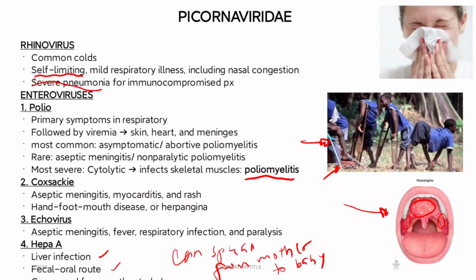So, sulat ko na lang para sure. Again, hepatitis A is one of the most common hepatitis causing virus, along with hepatitis B.